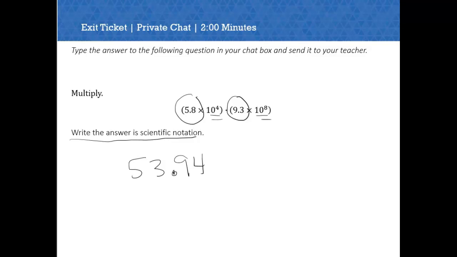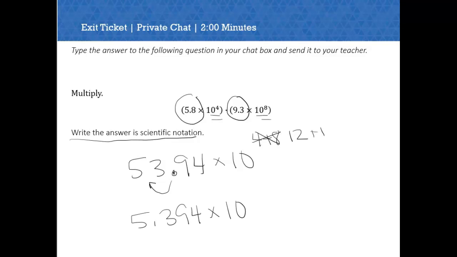Now we're going to do the exponents. So times 10 to the 4 plus 8. We're adding the exponents, so 4 plus 8 is 12. So we need to move this decimal once to the left. So that means we add an exponent. So 5.394 times 10 to the 13th is our correct answer.